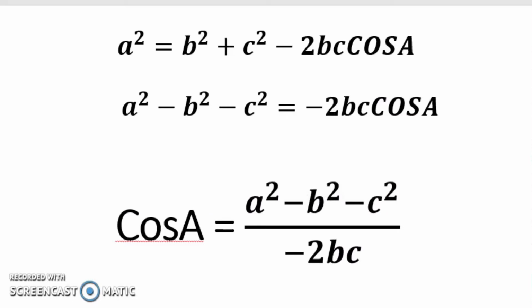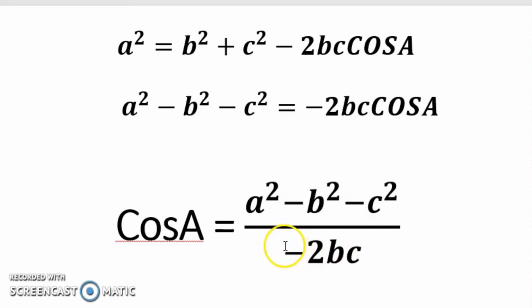So we are having cos a is equal to a squared minus b squared minus c squared all over minus 2bc. Remember, I'm dividing this side by minus 2bc, so the whole of this will be all over minus 2bc. Now, the next thing I am going to do here is I don't want this negative sign to be here.